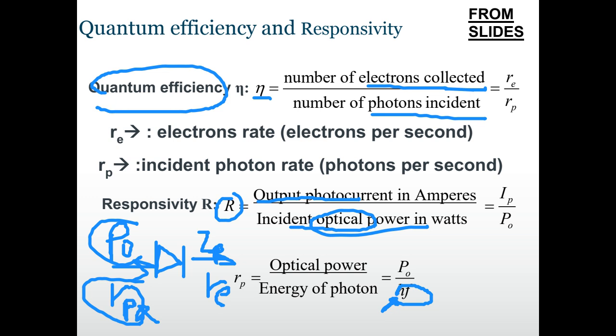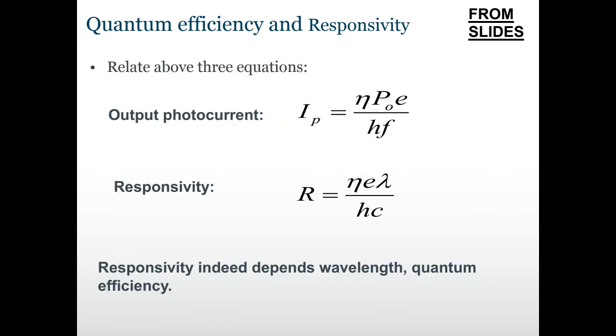And then the current equals the number of electrons multiplied by the charge of one electron. This is also a constant that will be given to you in the exam paper. So in summary, we have the output current in this equation. Quantum efficiency is here, and this is optical input power. This is the charge of one electron, a constant given to you.